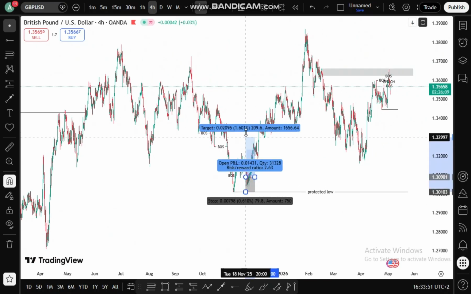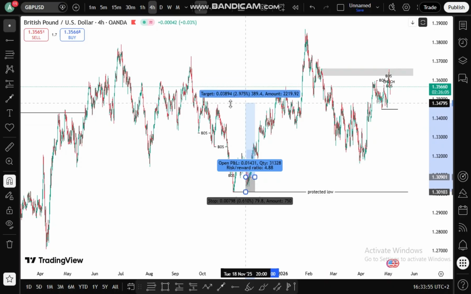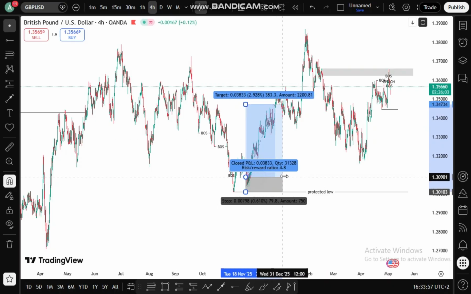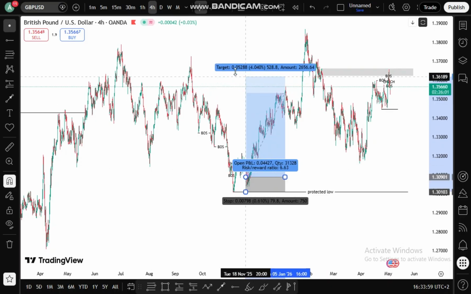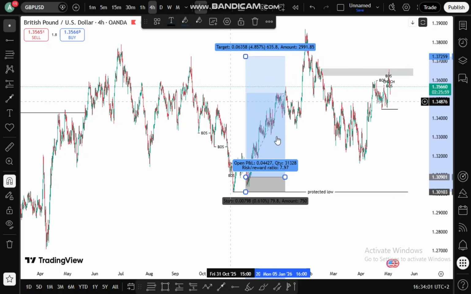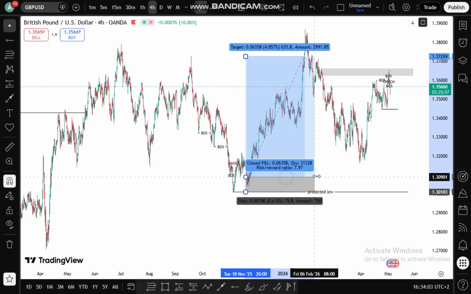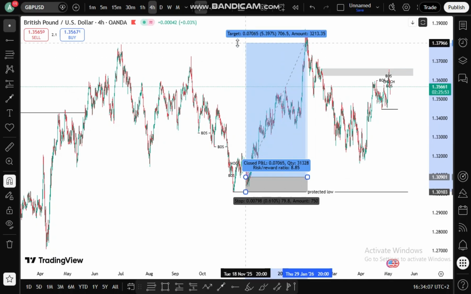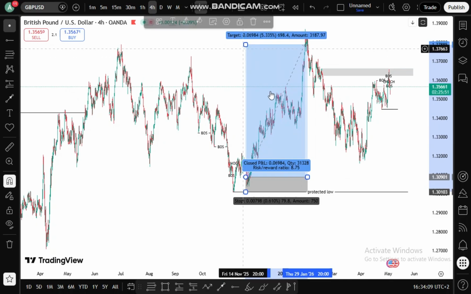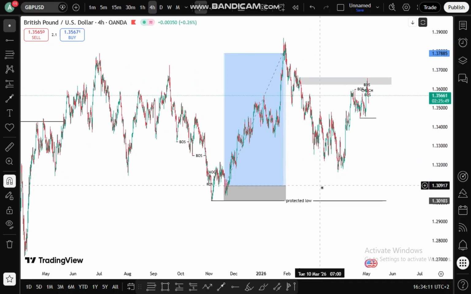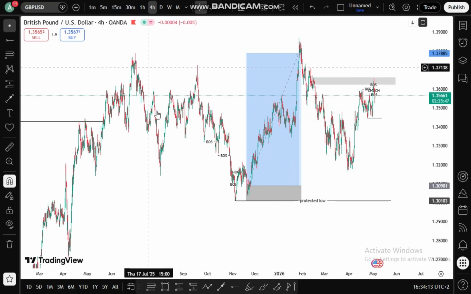This will be my second TP, as you can see, and this can be my third TP. So you can choose which one you want, depending on the previous charts, how the price was moving.